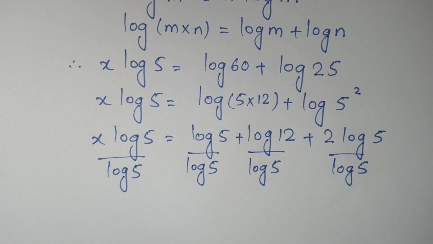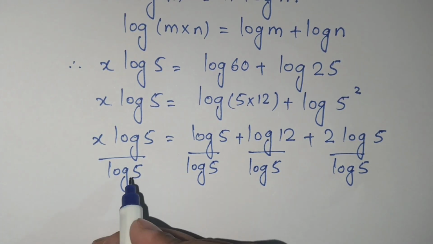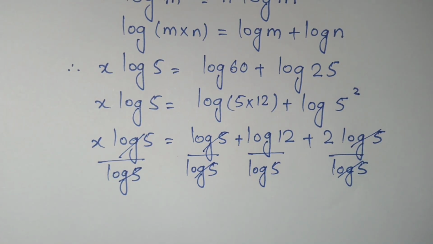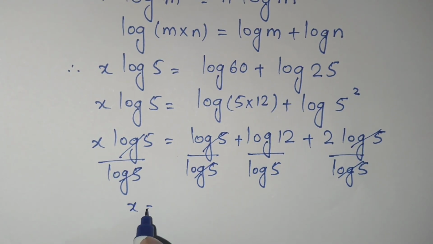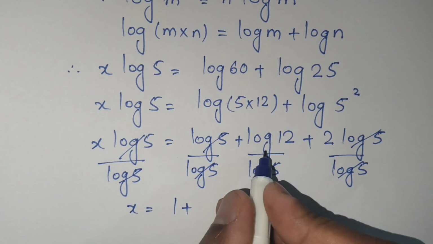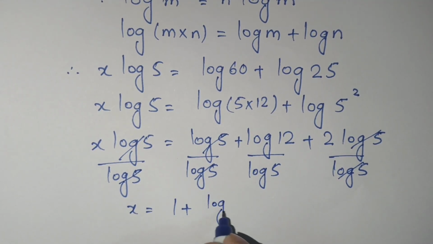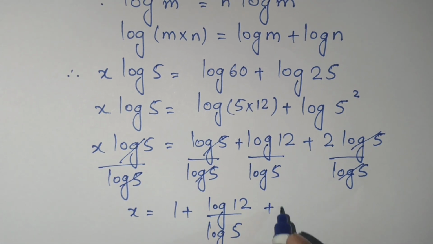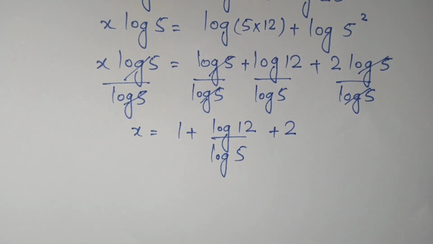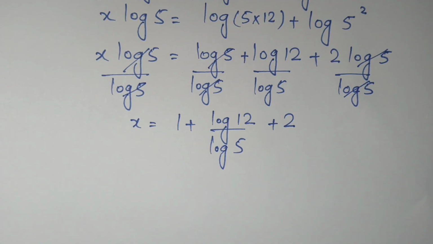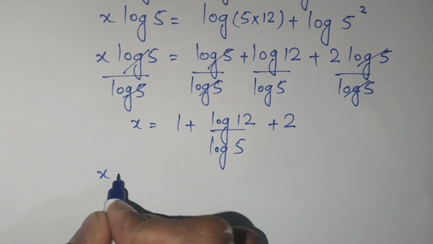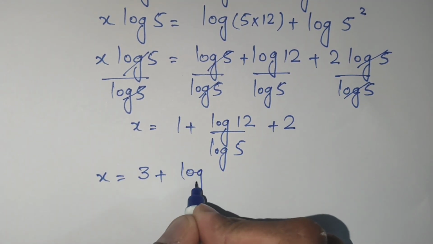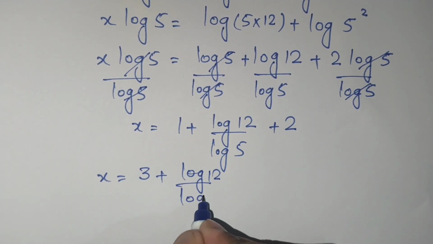Log of 5 cancels with log of 5, log of 5 cancels with log of 5, and log of 5 cancels with log of 5. x equals 1 plus log of 12 by log of 5 plus 2. So x will be equal to 1 plus 2, 3 plus log of 12 by log of 5.